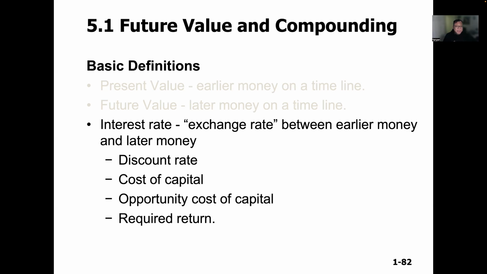So basically this rate, we call it interest rate, but many times this rate is really a bridge between the present value and the future value. It could mean a different rate for different people, but these four candidates: discount rate, cost of capital, opportunity cost of capital, and required return, could be used as this bridging rate.